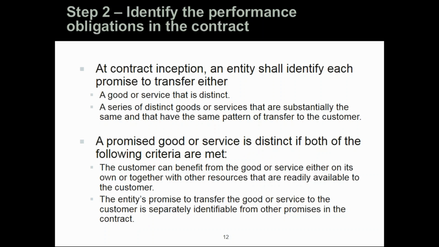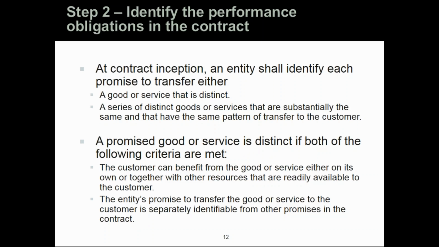Now, to take that a step further, if the contract was to build a machine and install it, maybe the customer's employees can't install it because it needs to be calibrated or something like that. That would also just be one performance obligation, because the customer wouldn't be able to use the machine or benefit from the machine if it wasn't installed.